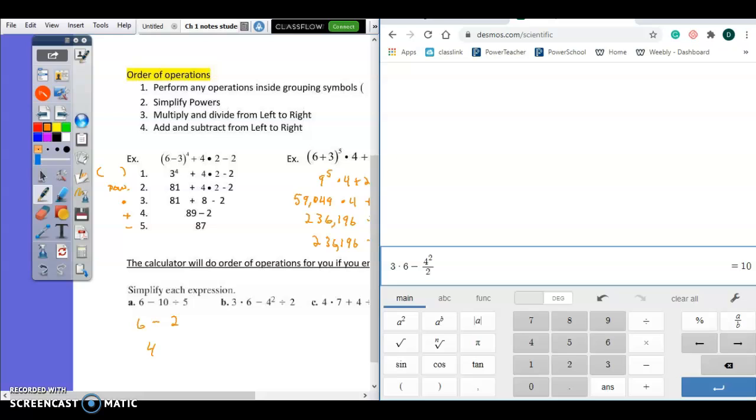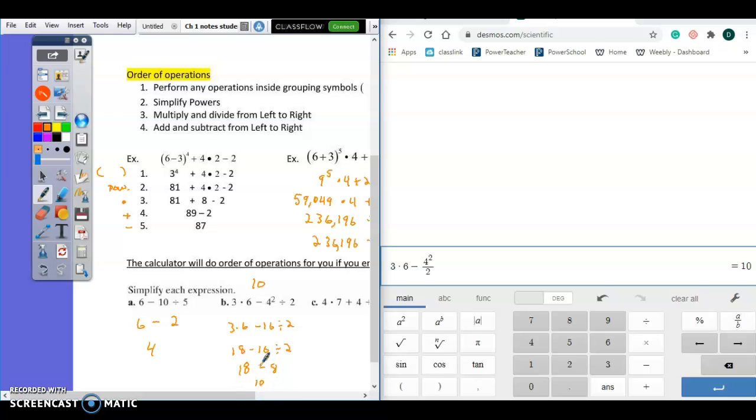All right, that gives us 10. So 10 is our answer. Let's see if I do it the long way if it's correct. So I have 3 times 6, 4 squared is 16, minus 16 divided by 2. Left to right, 3 times 6, 18 minus 16 divided by 2. 16 divided by 2, that gives us an 8. 8, bring that down, 18 minus 8, and that is 10.